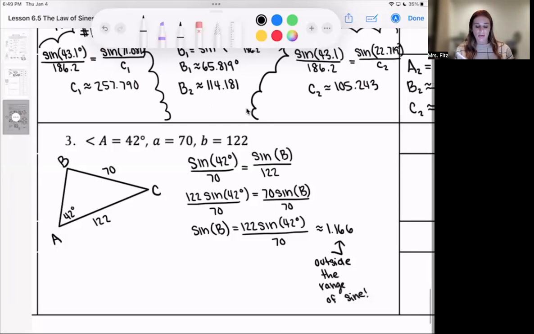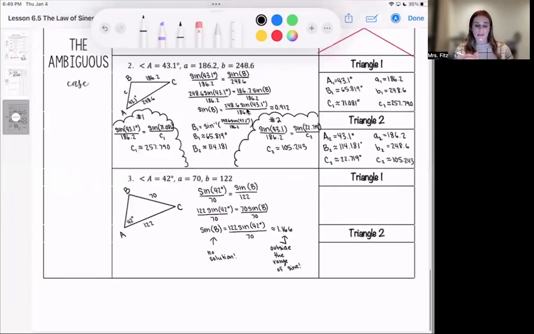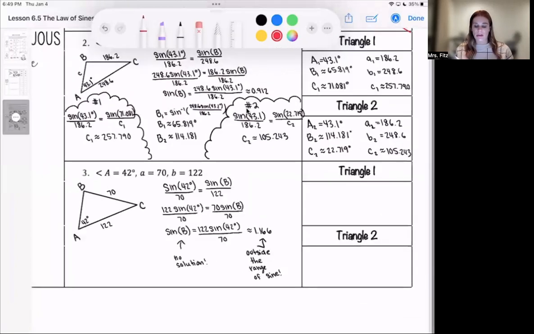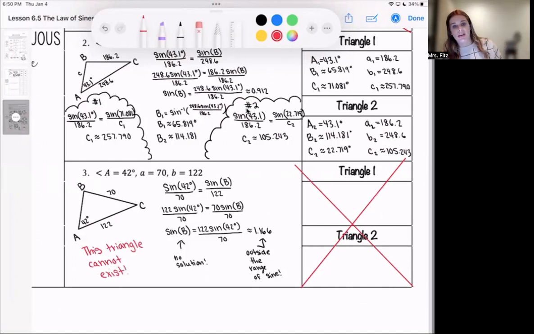So there's actually no solution to this, which means no triangles can exist. So cross this off. This triangle cannot exist. So that's what will end up happening if you end up with a case like that.